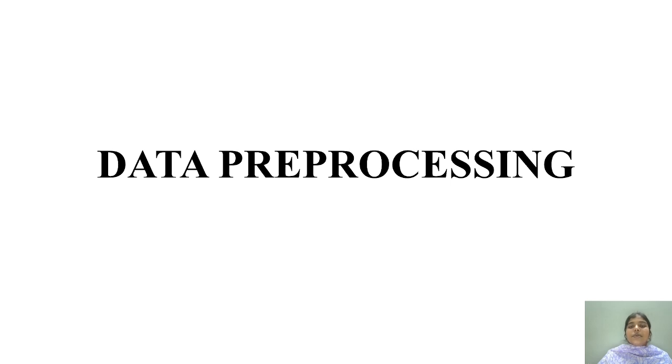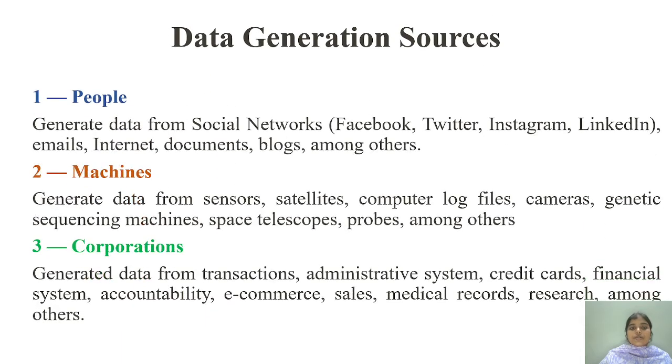So data is being generated from multiple sources in multiple formats. Let us see the data generation sources. Data is being generated from people who use social media platforms like Facebook, Twitter, Instagram, LinkedIn, and all. It could also be generated through emails with the usage of internet. Data can also be generated from machines like sensors, cameras, log files, and all.